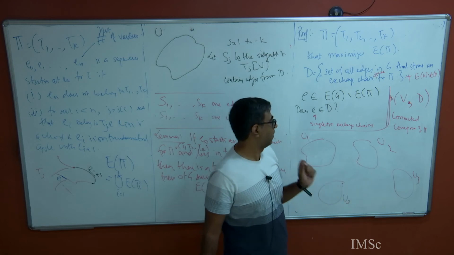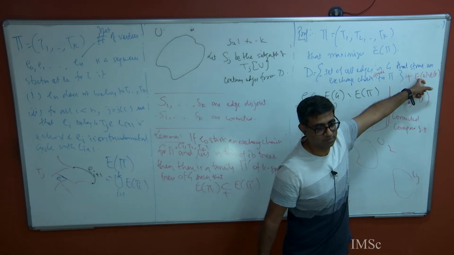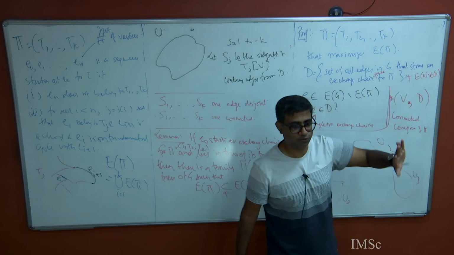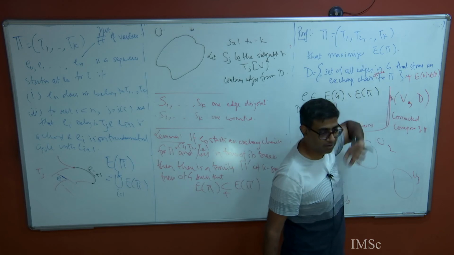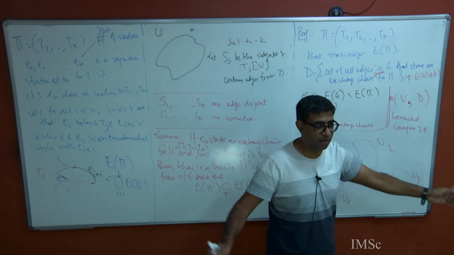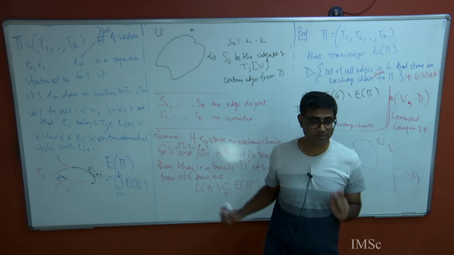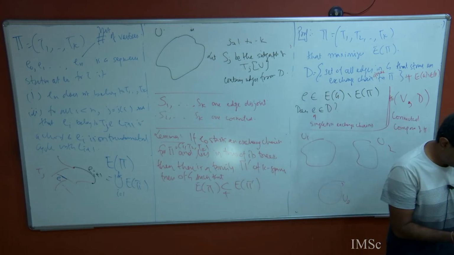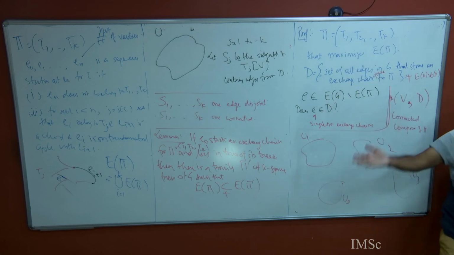If any of them appears in two trees, then I could get another pi prime that contains all these edges and at least one extra.